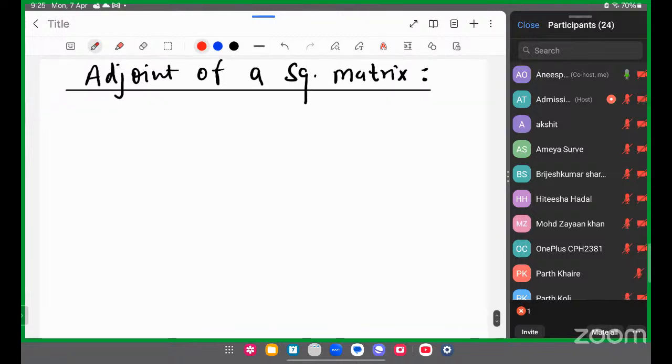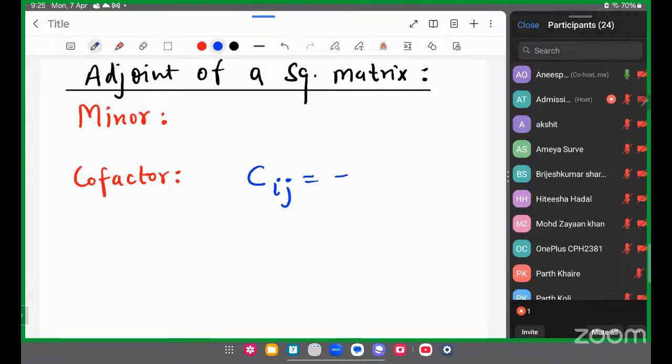So let's talk about minor and cofactor. Cofactor is easy to deal with. Cofactor of any element is given by Cij equals -1 raised to power i plus j, minor of that element. So to know the cofactor, we have to calculate minor.